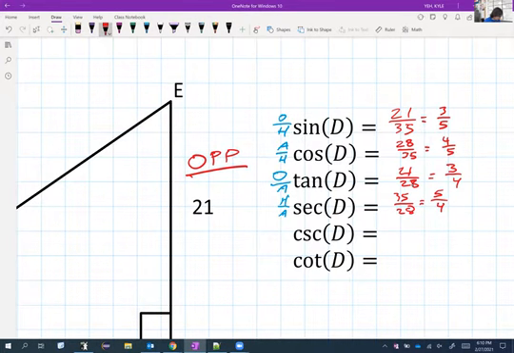I know that secant is just cosine flipped. So instead of 4/5, which I got for cosine, I'm going to say 5/4 for secant. Cosecant is just sine flipped, so I can go straight to 5/3. And cotangent and tangent are reciprocals. I'll just go straight to 4/3.